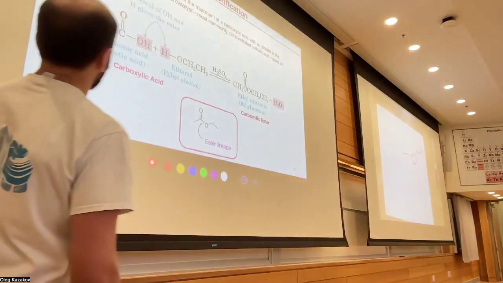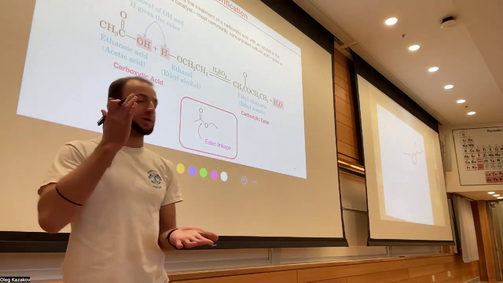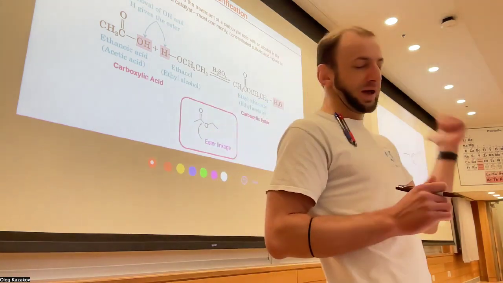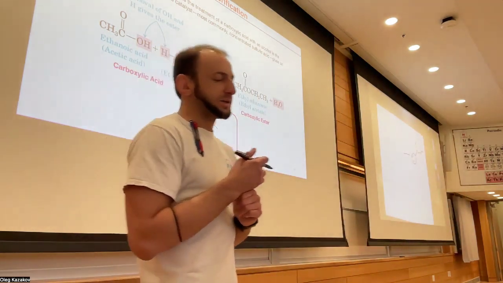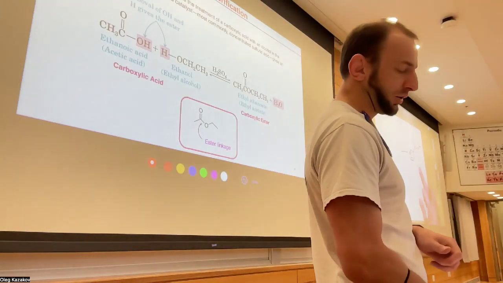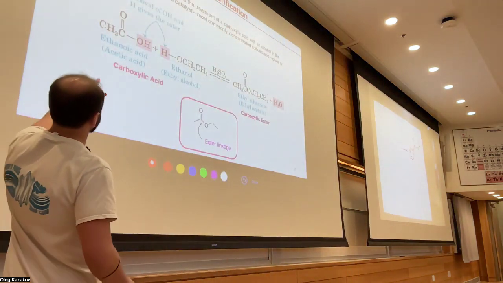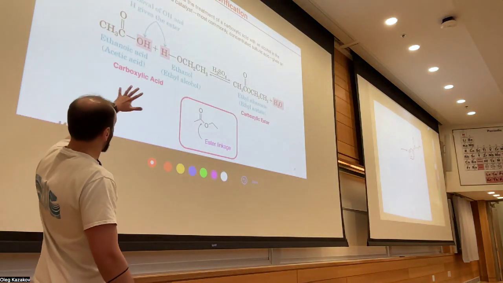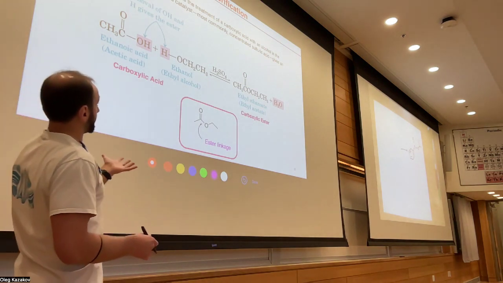To make them, you need to use the acid and alcohol. That is going to be your general example: two words, acid and alcohol will yield an ester. Now let's see what kind of acid and alcohol we used here. Starting left to right, you have ethanoic acid plus alcohol.